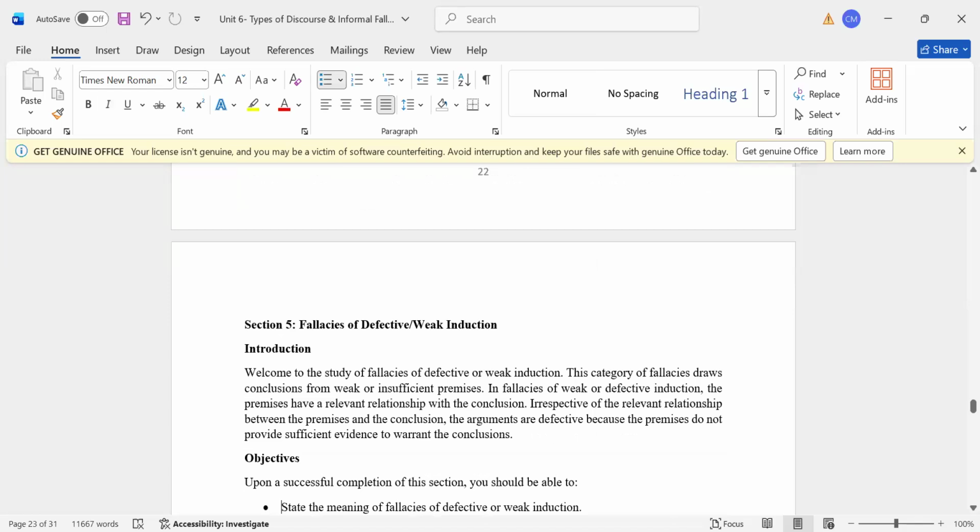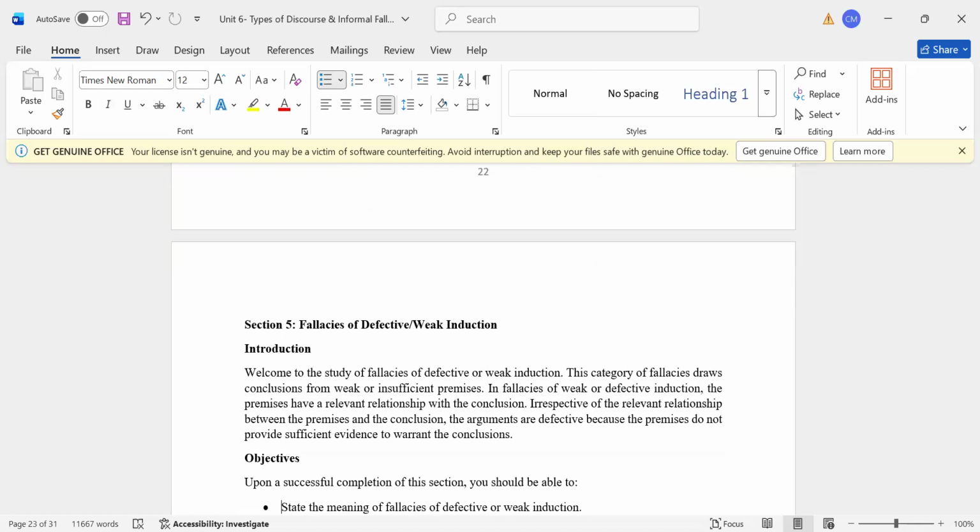So for presumption, the evidence may not necessarily be there, and then you draw a conclusion. You either make an assumption of the evidence and then you draw a conclusion, or you make an assumption of the conclusion.